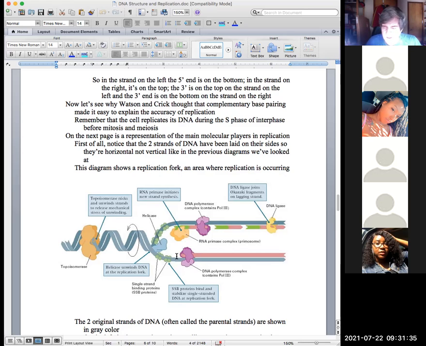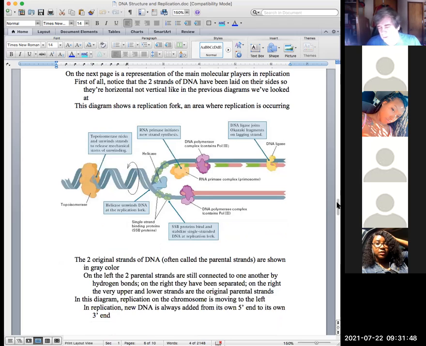So these single strand binding proteins are kind of like a temporary placeholder. They're going to keep the DNA happy until we can add a new daughter strand. And again, the new strands are going to be called daughter strands. We don't have any son strands.